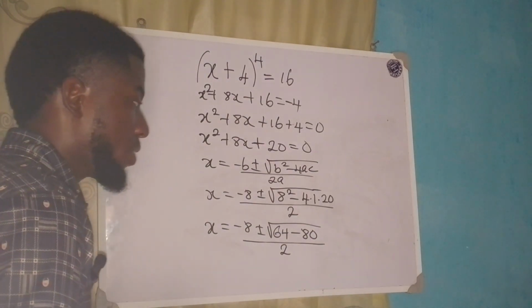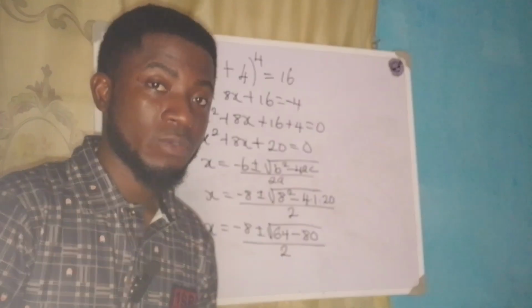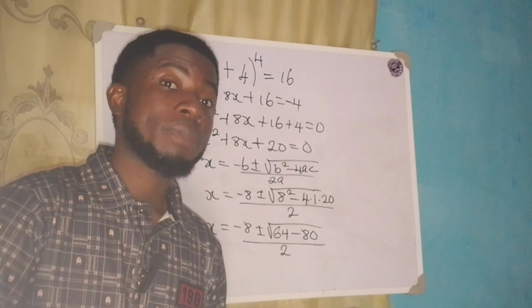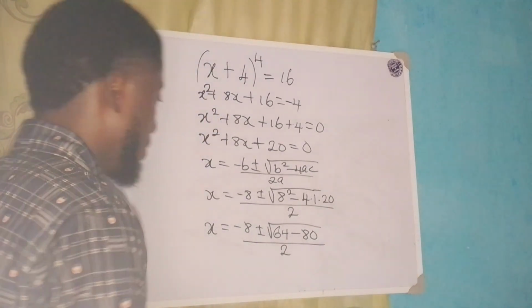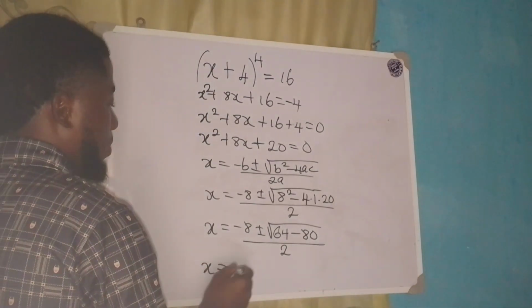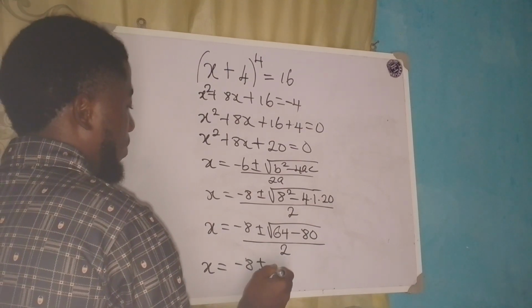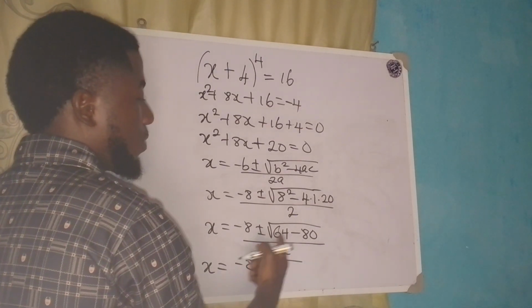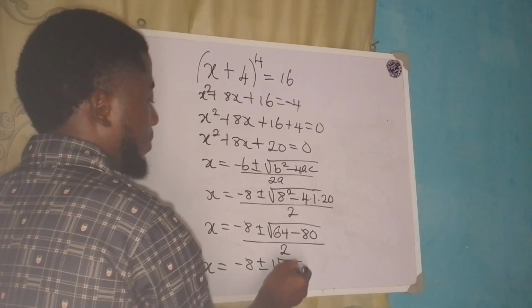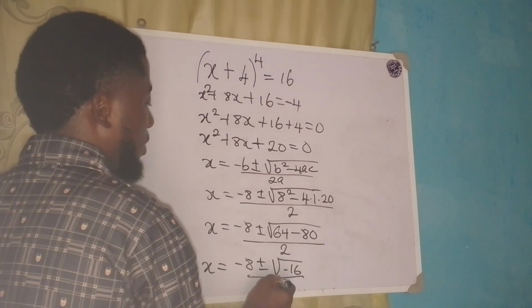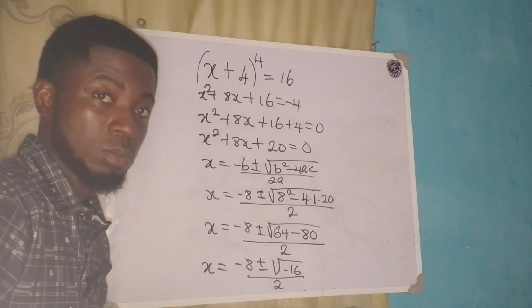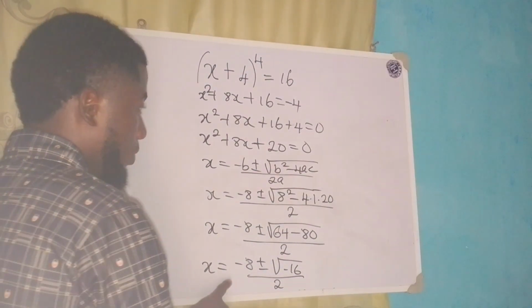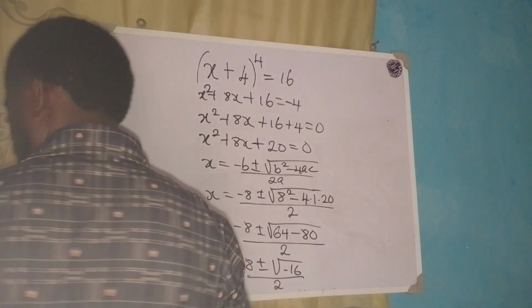Now, if you watch very well, we are going to have a negative square root, and that's what will lead us to a complex solution. Our x will now be minus 8 plus or minus, then 64 minus 80 will give us minus 16. So we divide this by 2. Okay, so we continue from here. Let me clean from the top.